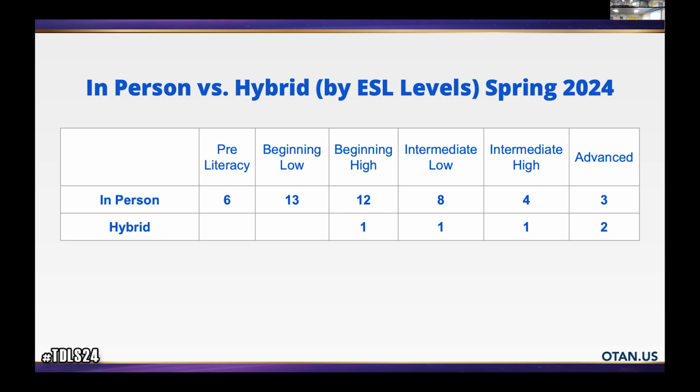And you can see most of our students fall in lower levels. So we are starting with the upper level students and upper level teachers. And hopefully we can expand it and let more teachers try our blended learning model with our students.